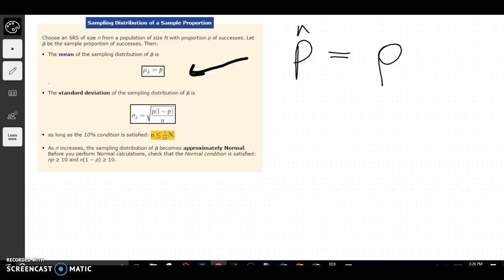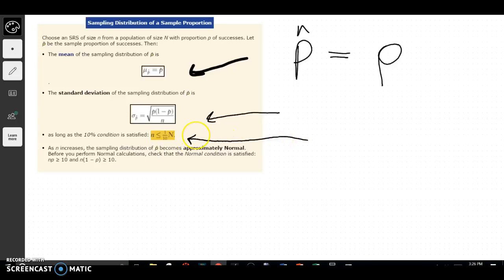And then finding the standard deviation, you should remember this from your pink packet, this is how we calculated the standard deviation in a lot of our binomial sets, and a lot of times you use proportions with binomial things. So that would be our standard deviation.